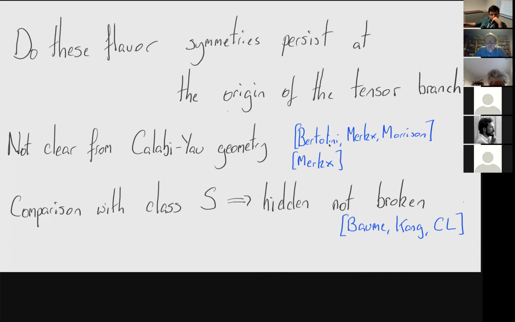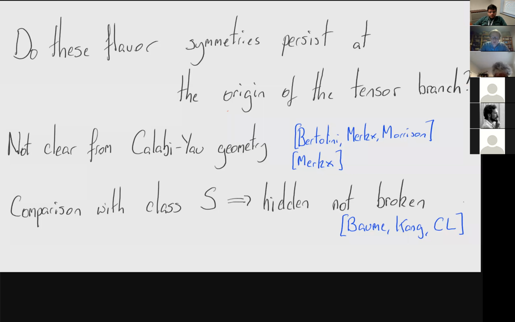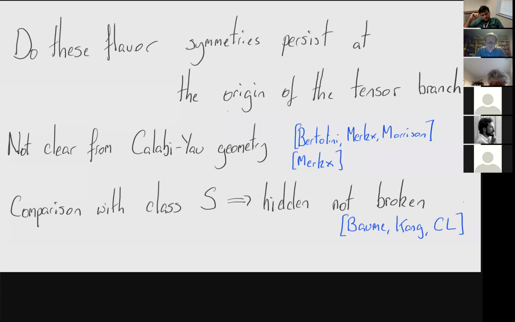In a paper by Bertolini, Merkx, and Morrison, they studied what happens in the geometry, in the full elliptic Calabi-Yau geometry that I told you about earlier, and looked at what kind of singular fibers can intersect what kinds of curves and so on. In some cases, it looks like the flavor symmetry may not exist, but it's not entirely clear from the geometric point of view.